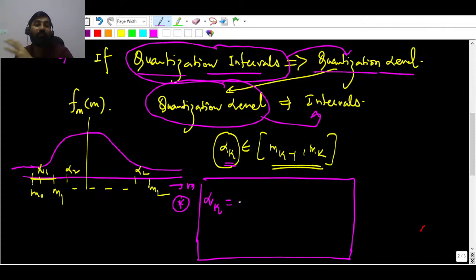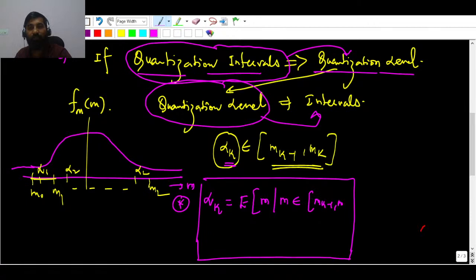Conditional expectation. What will be the conditional expectation? You know, m, and this m should belong to the quantization interval given, right?